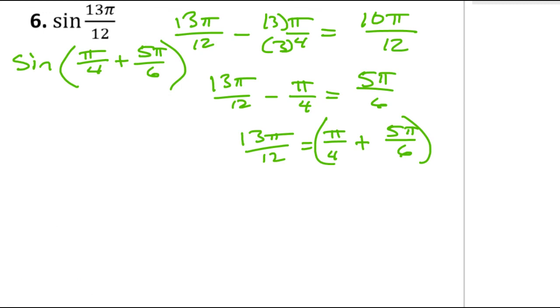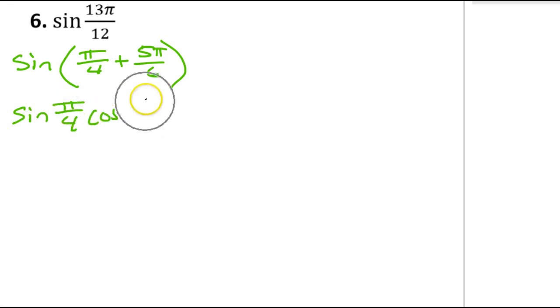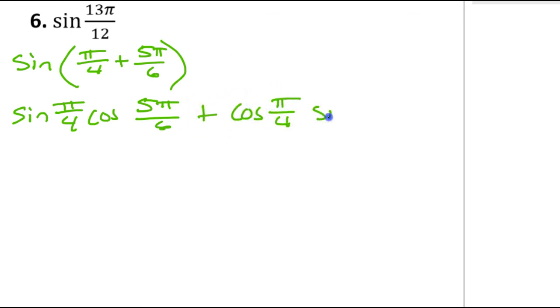Now the sine formula goes sine, cosine, cosine, sine. So I'm going to do sine pi over 4 cosine 5 pi over 6 plus cosine pi over 4 sine 5 pi over 6.